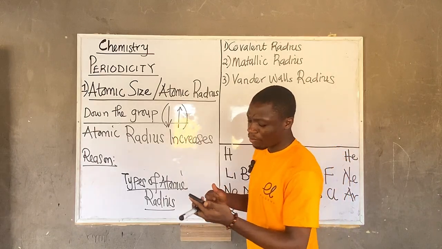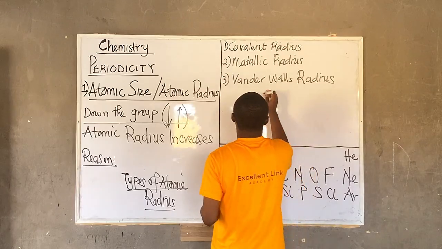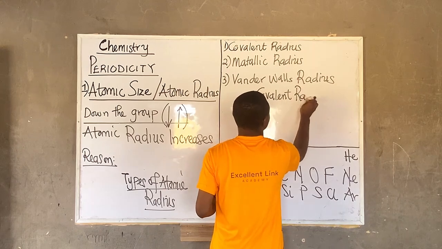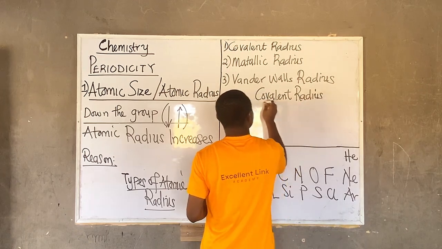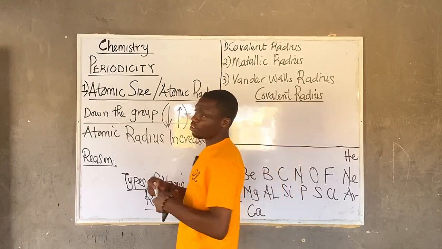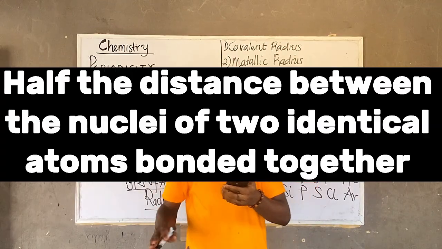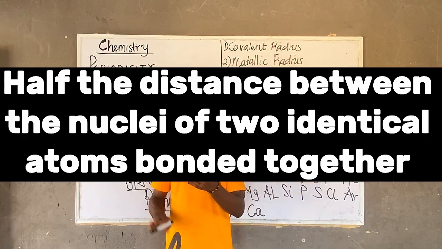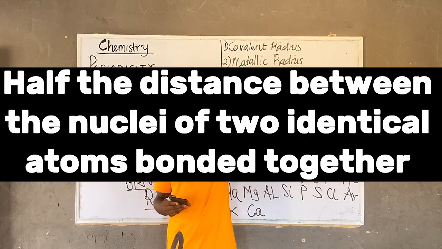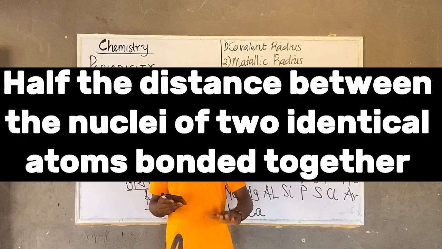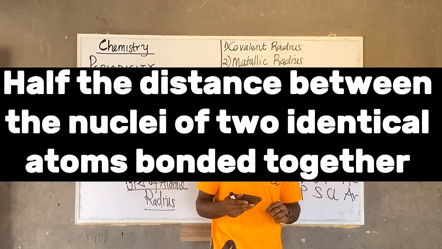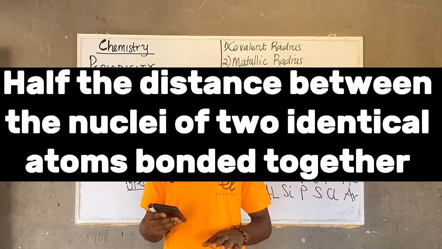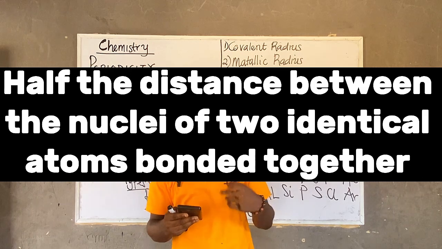Let's start with the first one, covalent radius. Let's define covalent radius, please. It is half the distance between the nuclei of two identical atoms bonded together.